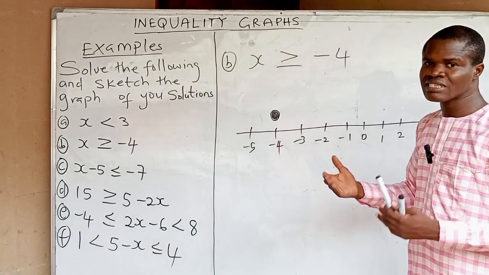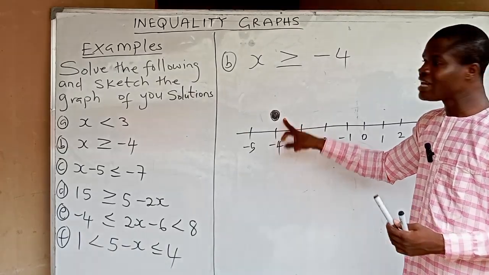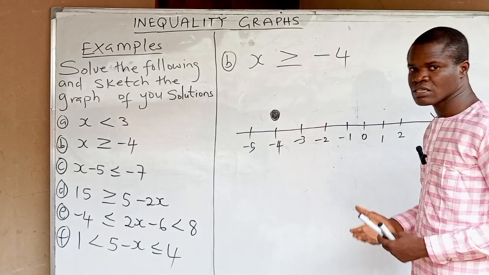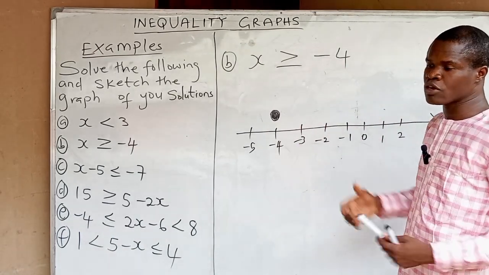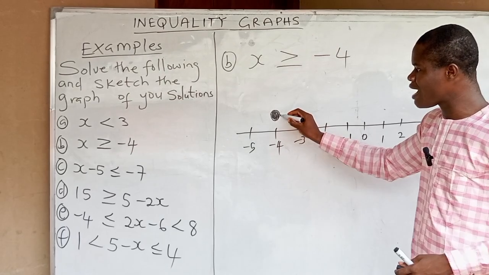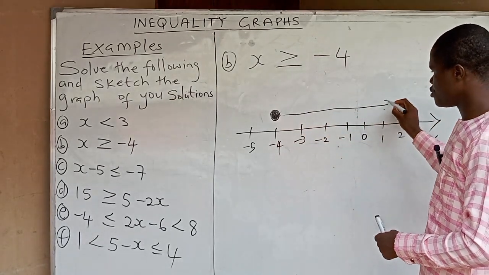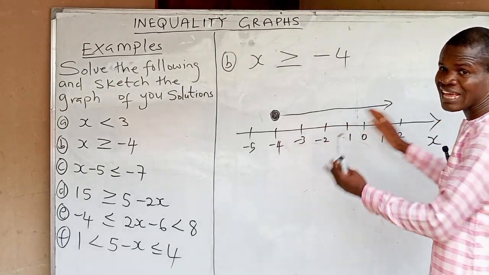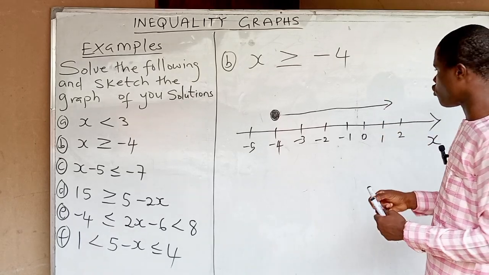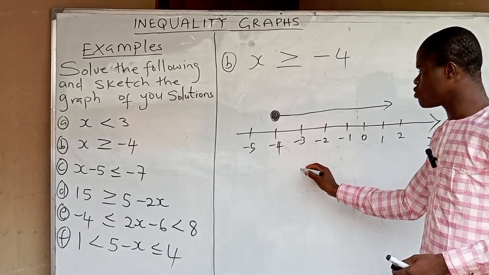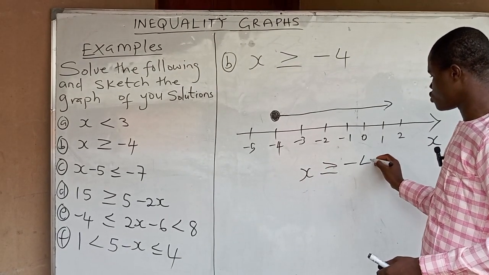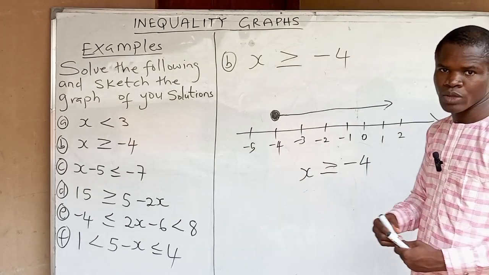Now the solution set says numbers that are greater than or equal to minus 4. We are going to proceed from here and go this way, because numbers bigger than minus 4 are numbers that lie in front of minus 4. So this is the solution set of x is greater than or equal to minus 4. And then we are through.